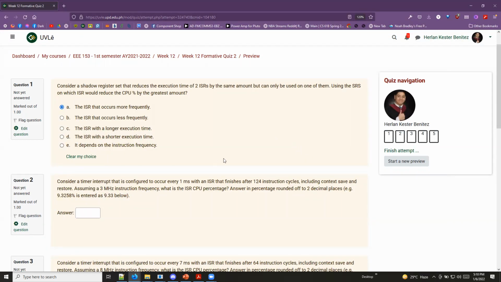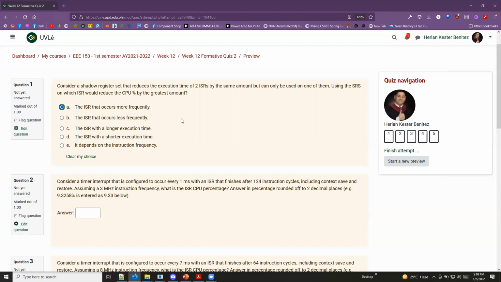And then, the instruction frequency is related to the execution time. So if our answer is among these two, it should also be answer E. So that eliminates those three choices, leaving either the more frequent or less frequent ISR. You can also think: which ISR do you want to speed up, the one you use more often or less often?